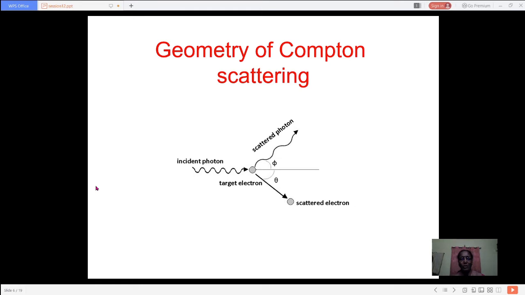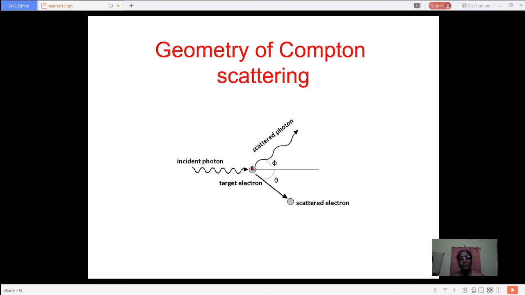Okay, let's see what is the geometry of Compton scattering. Now here is the loosely bound electron, which can be considered as a free electron, on which a photon is made to impinge. Then the incident photon changes its direction and the target electron recoils.